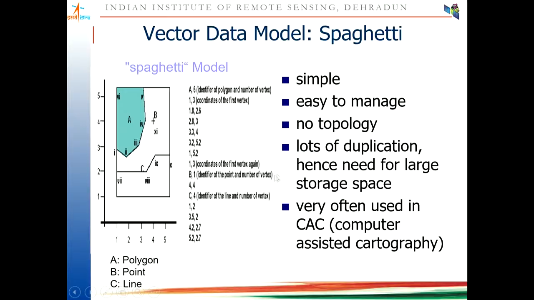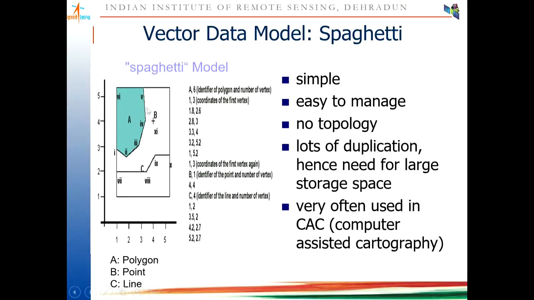Then there are a lot of duplications, because in this case we have a starting node and an ending node, so the starting and ending node coordinates get repeated. Similarly, if you have a boundary, say polygon A, and there's another polygon just beside this A, then they will be sharing a common boundary.